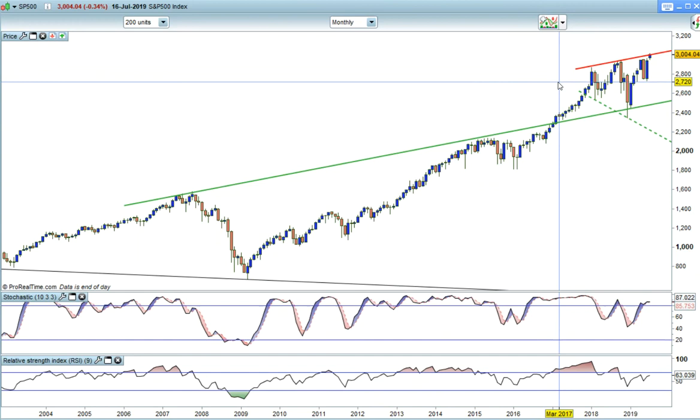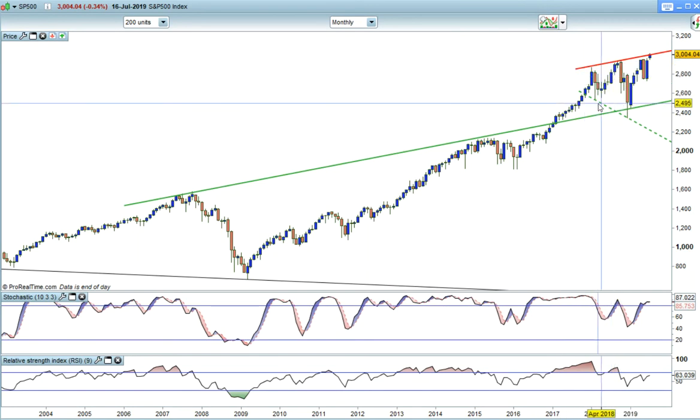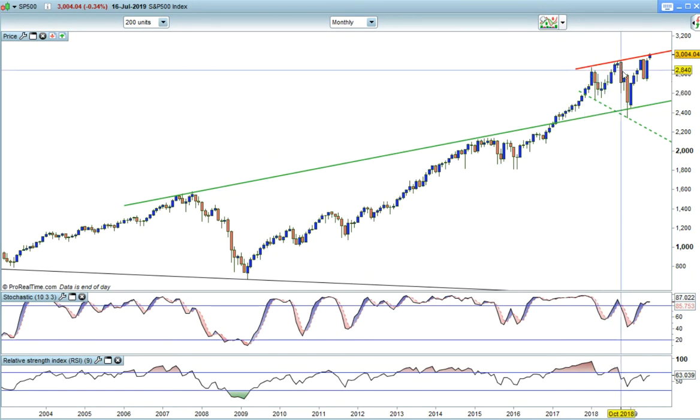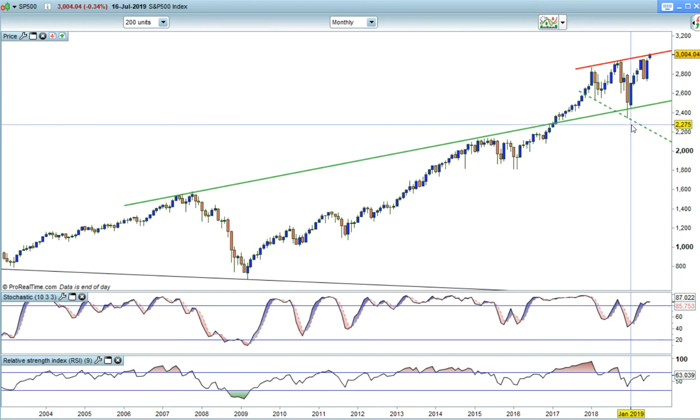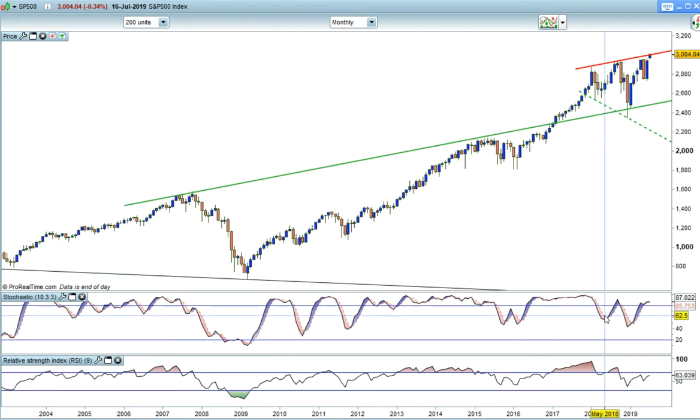Now these were at extreme overbought levels in 2018, and we saw what happened in 2018. We spiked and we came down, we went up, we spiked, and then we came all the way back down here. If you look at the indicators, the stochastic and the RSI, you can see that on the peaks, these haven't quite managed to get up there.